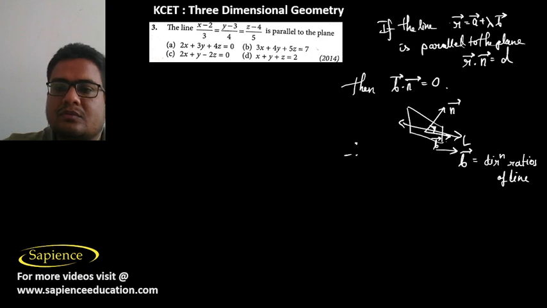So the scalar product of b and n should be 0.